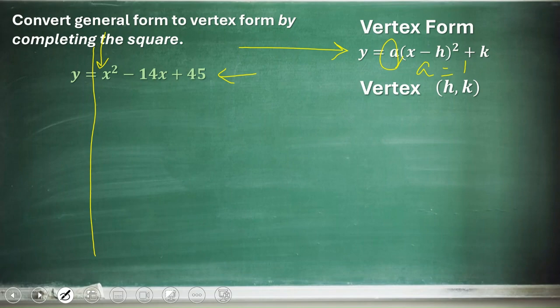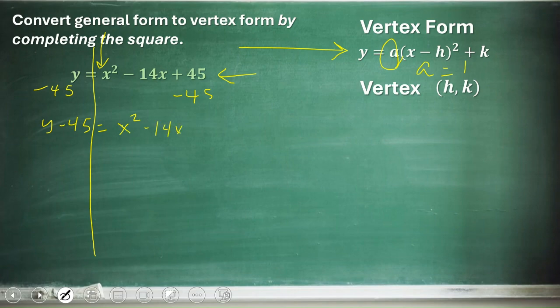To move 45 to the other side, I'm going to do the opposite of adding, also known as the inverse operation, which means I'm going to subtract 45 from both sides. And now I'm going to rewrite my equation into a neater form: y minus 45 equals x squared minus 14x.